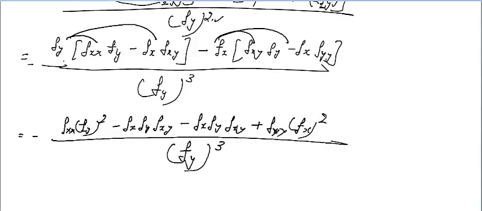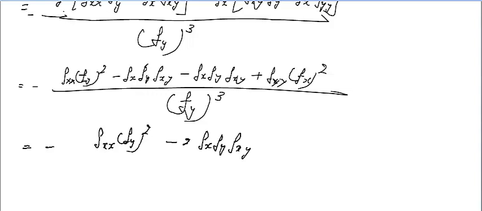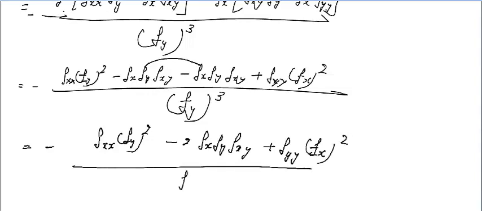So this will be 2 times, means minus outside 2 fx fy fxy, plus fyy fx whole square. Now very easy to memorize it, fy whole cube.